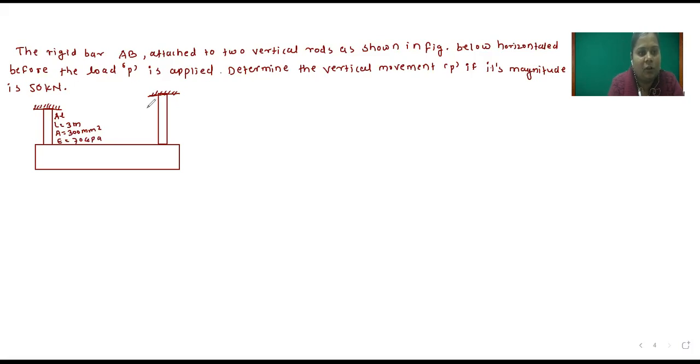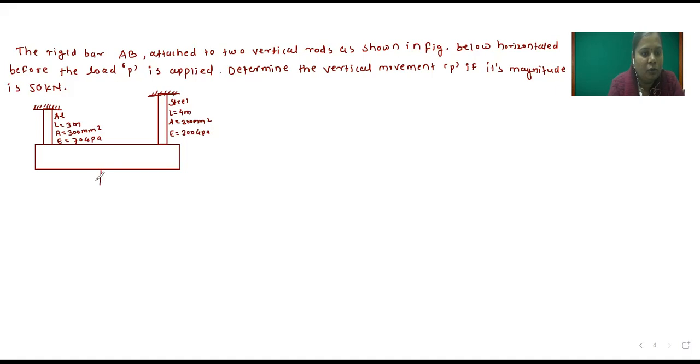And this is the steel rod, having length equal to 4 meter, area equal to 200 mm square, and E equal to 200 GPa.